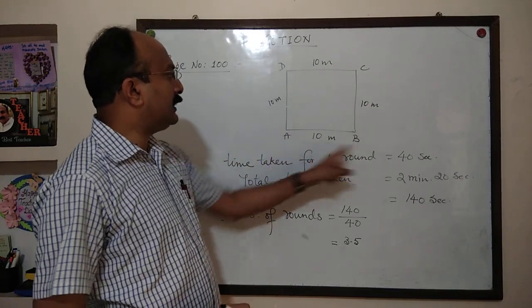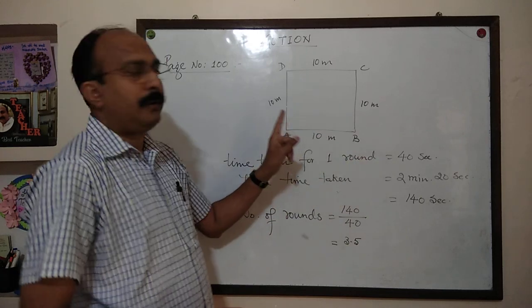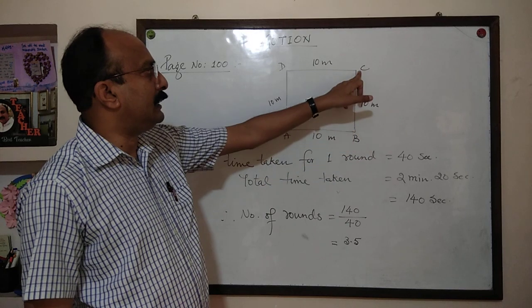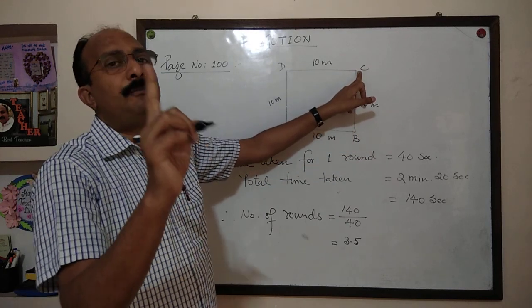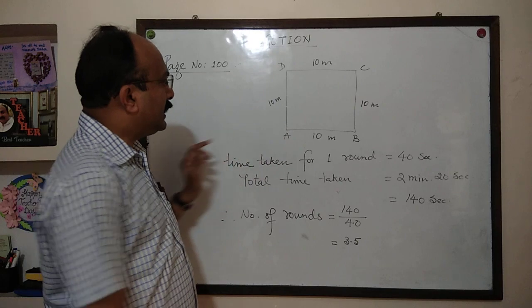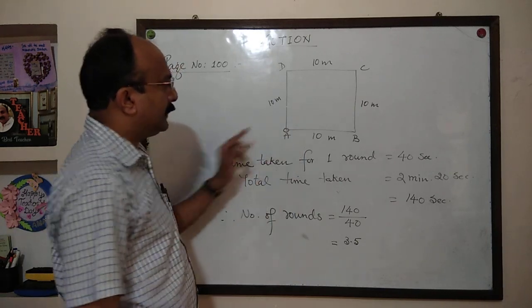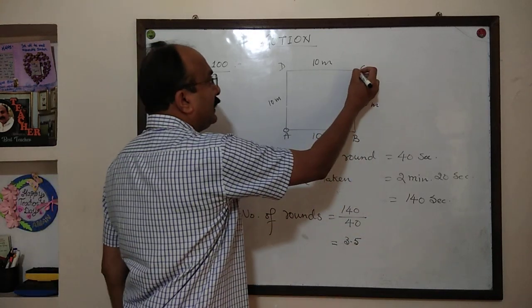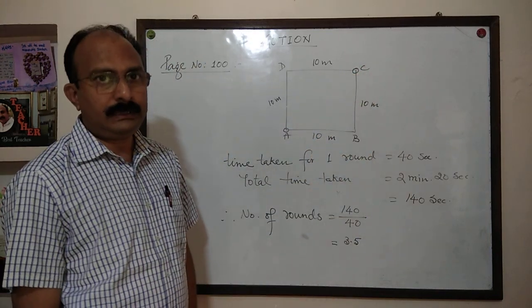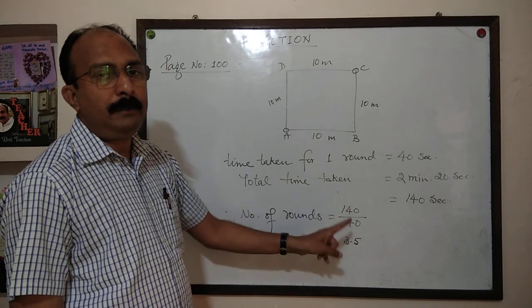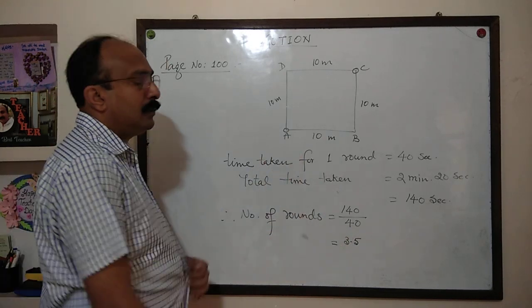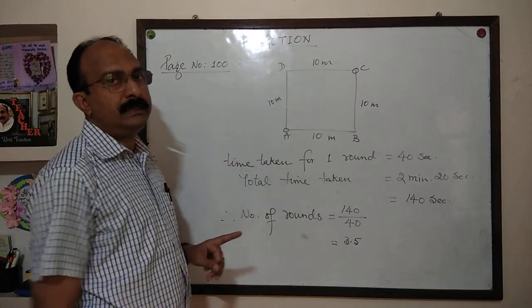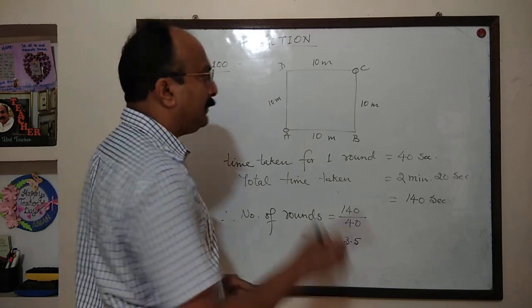So in 3 rounds he takes 3 into 40, 120 seconds. In another 20 seconds, he will complete half a round more. Suppose he starts from A, then after 3.5 rounds he will be at C. Now, what is his displacement? He started from A, now he is at C. So the displacement of the farmer is AC.